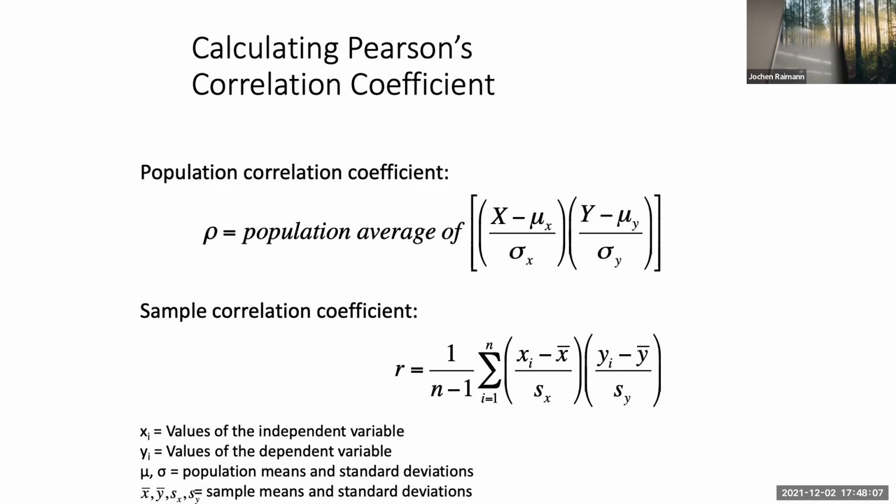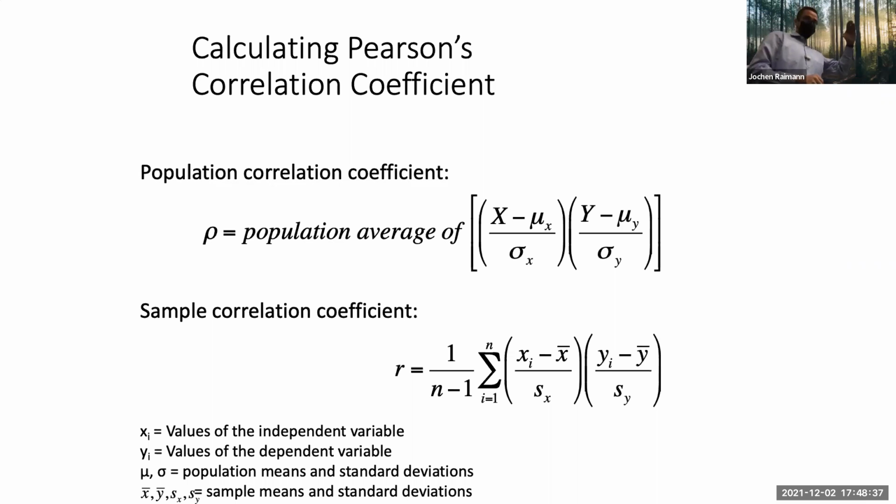You subtract that mean, and by that you get a deviation. With this deviation, you divide it by the standard deviation. So that's how you get the variability in there. And then you multiply it with the same deviation divided by the standard deviation of y. You sum that up and you divide it by the degrees of freedom. And that gets you to your correlation coefficient.